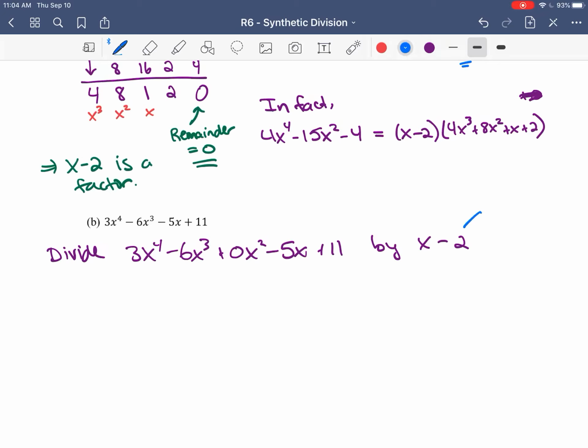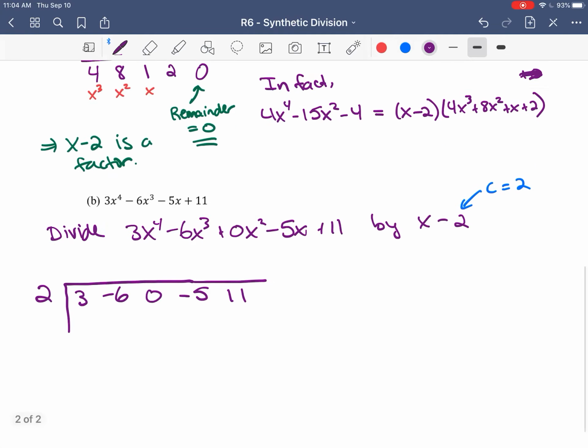That means my c value is 2, because it's already a minus. So I put the 2 in and then I write my coefficients. I have a 3, a negative 6, a 0, a negative 5, and an 11.